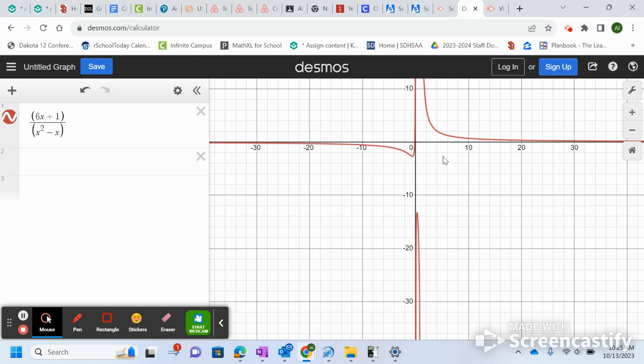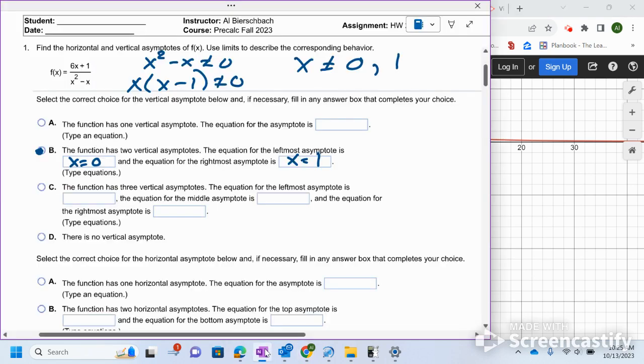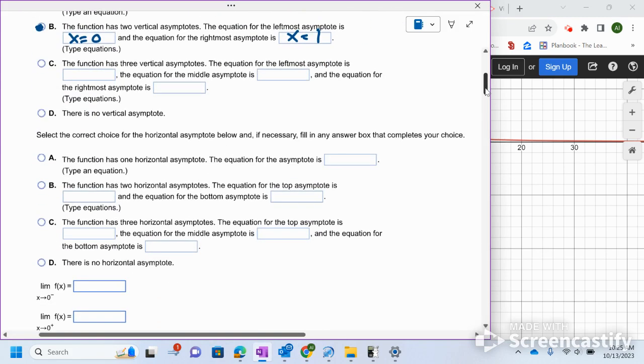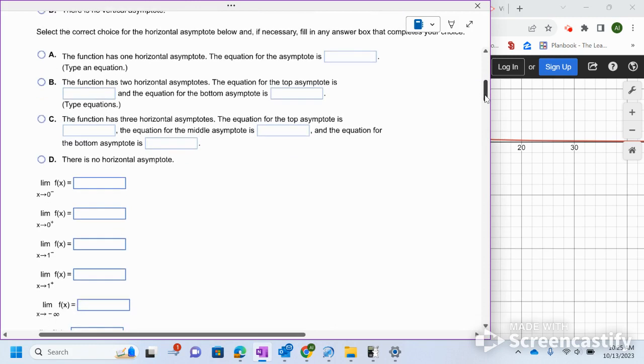They start acting a little differently. So, looking at the correct choice here, how many horizontal asymptotes does it have? 1, basically. The horizontal asymptote is y equals 0. Okay? All right.